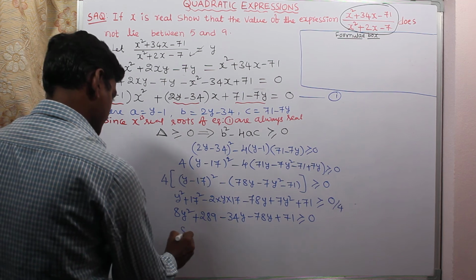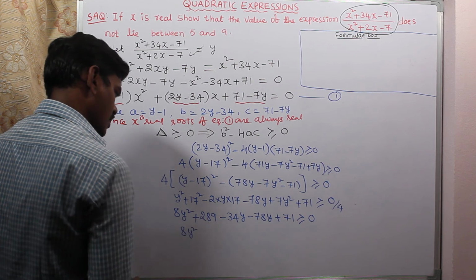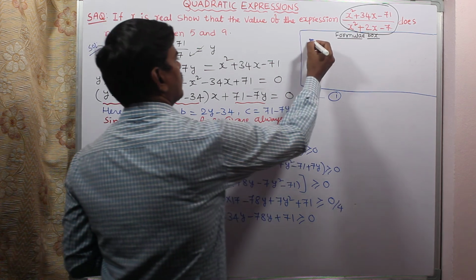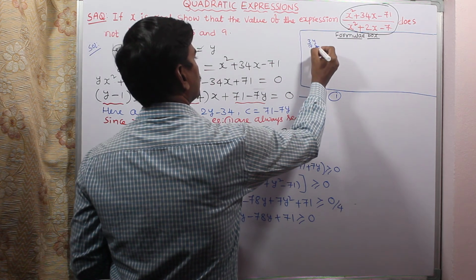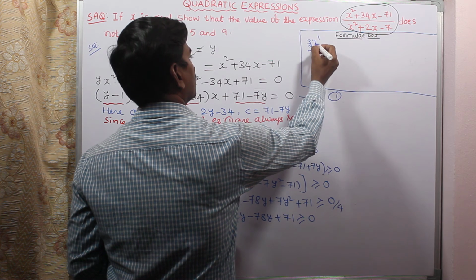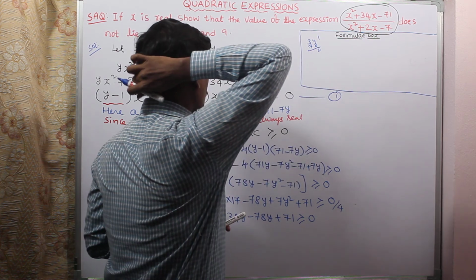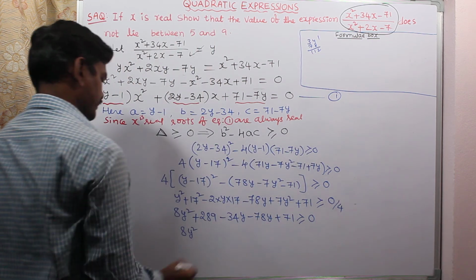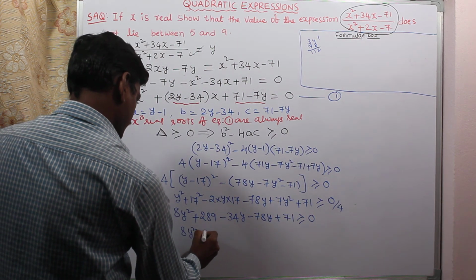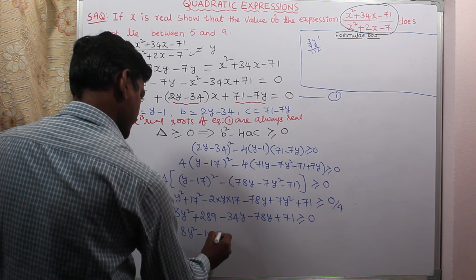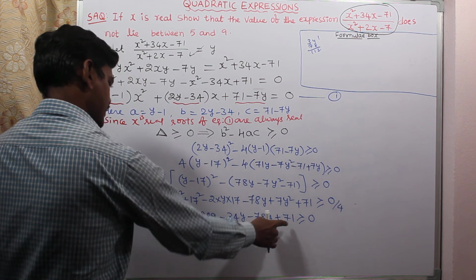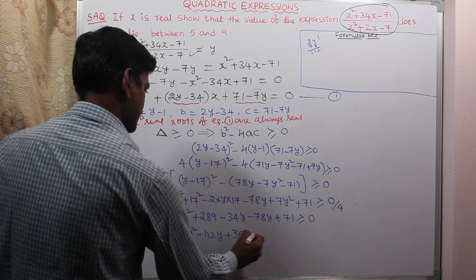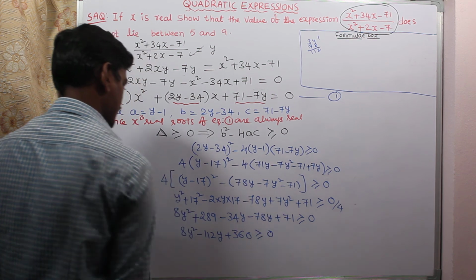Now 8y square, minus 34y minus 78y, that is minus 112y, plus 289 plus 71, which is 360, greater than or equal to 0.